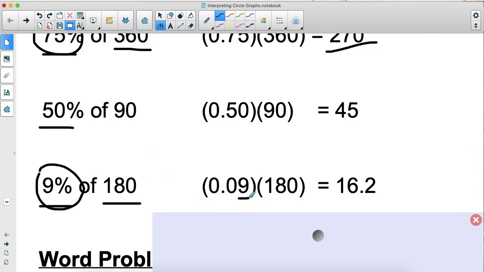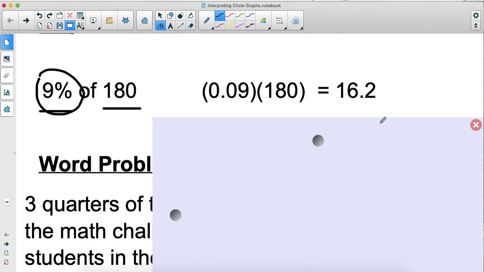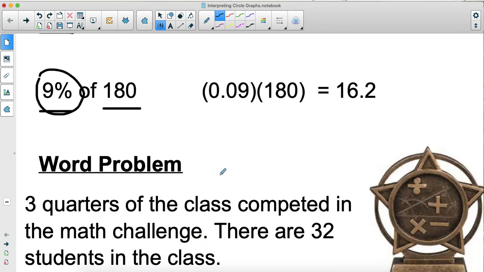Here it is right here, 9 is in the hundredths, and we're going to multiply that by 180, and you get 16.2. So 9% of 180 is 16.2. It'd be like saying if you're saving 9% on an article of clothing that's $180, you would save $16.20.